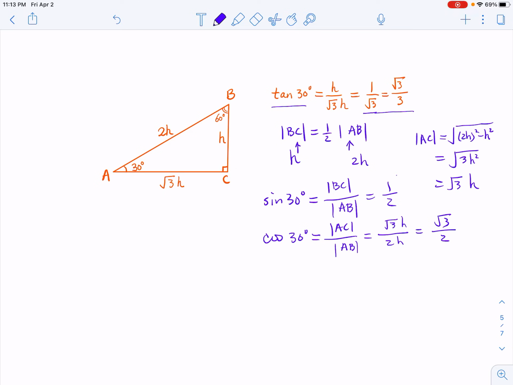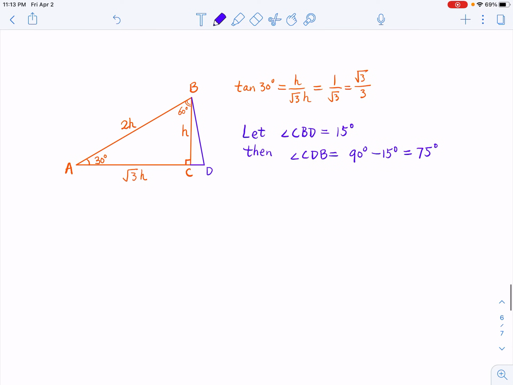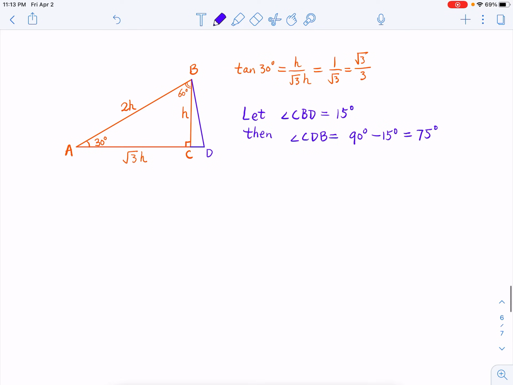What we're trying to do here is extend the triangle. This is the same triangle, but I'm extending it by making BD, and extending AC so that BD intersects with the AC extension at the point D. And make it so that this angle equals 15 degrees.